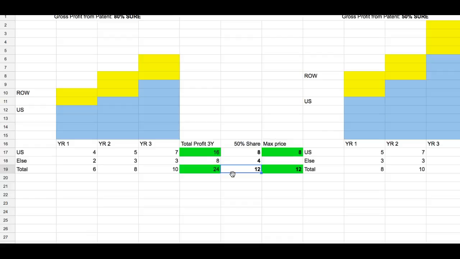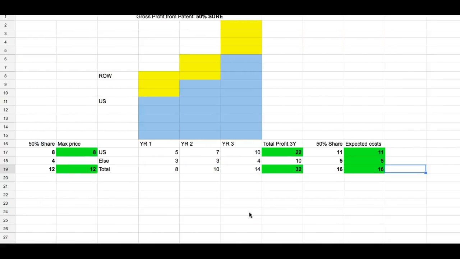I could either pay this money right now, or I could ask for a profit share. The profit share I would probably not exceed is 50%, because then I will basically end up paying 12 million, most likely. But if it's according to my expectations, then I actually end up paying more.